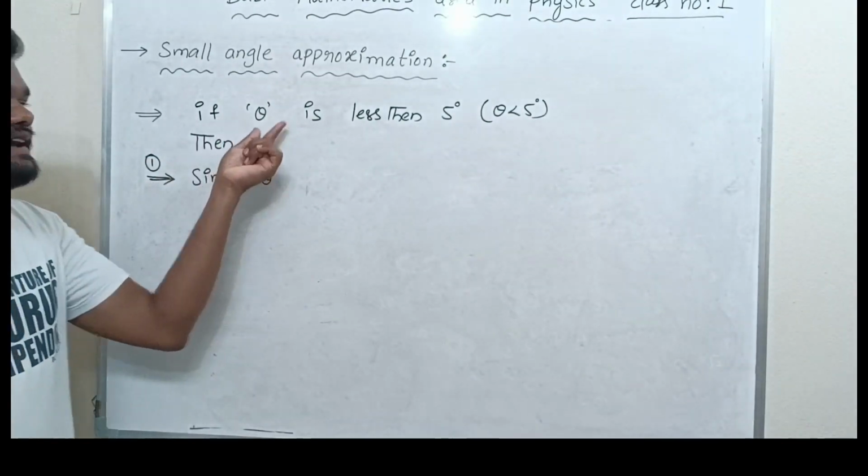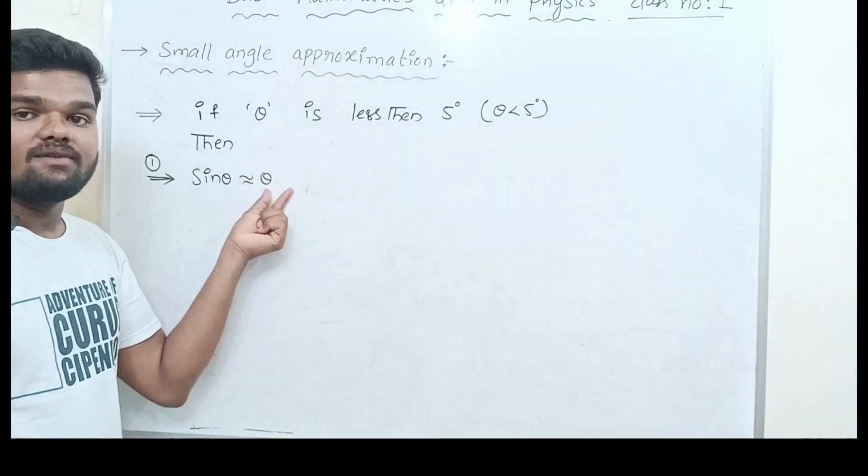First one, if theta is less than 5 degrees, then sin theta becomes theta.